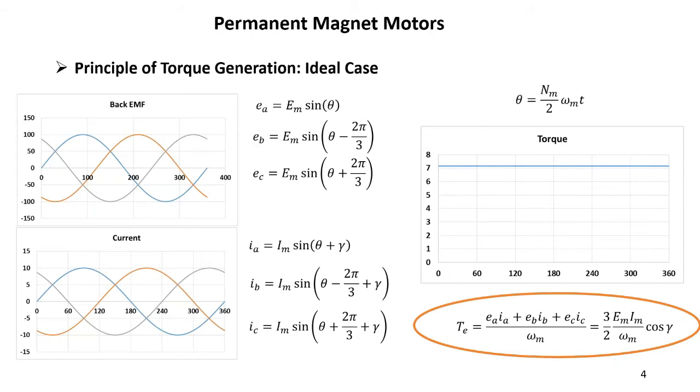And if you see, despite the current and the voltage being sinusoidal and changing with time, you are going to reach a very smooth torque, which is a line with no distortion or ripples. So this is the ideal case. We are looking for it, and it's very interesting. That's what makes this machine very interesting for us.